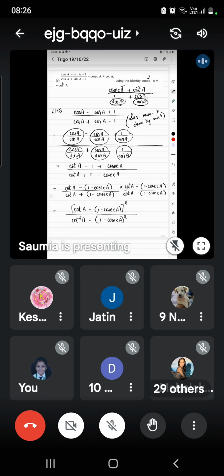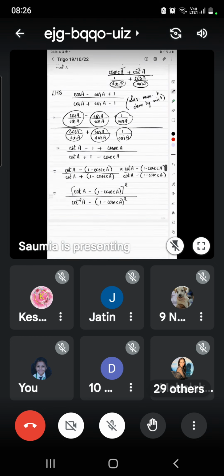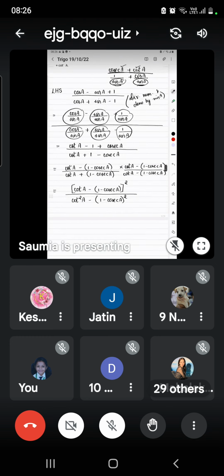Done? Those who have done, after the last step, use a minus b the whole square in the numerator. Open the bracket.